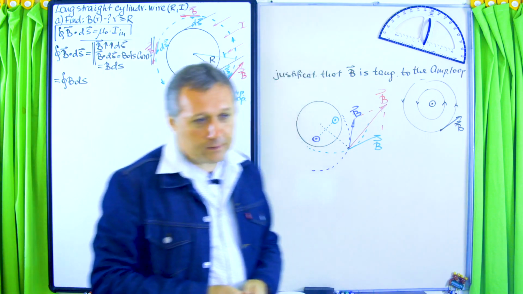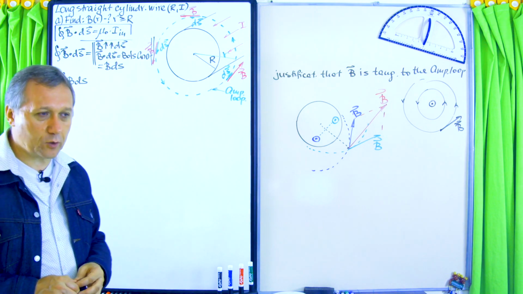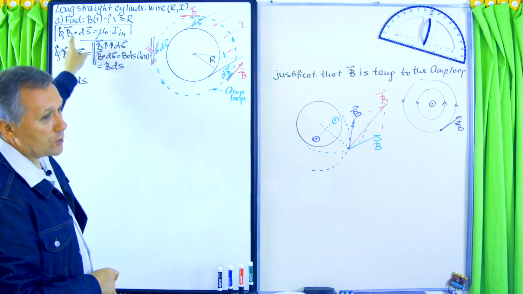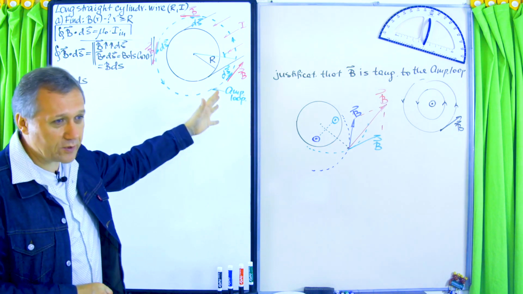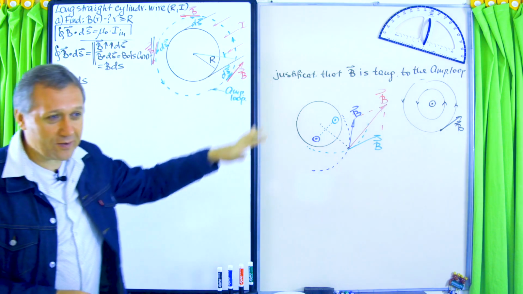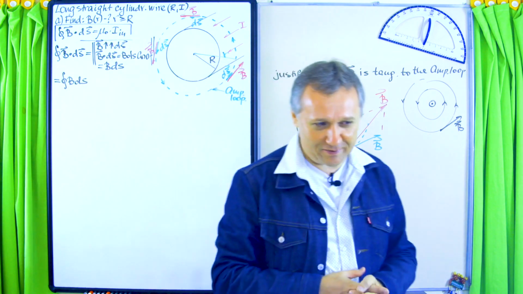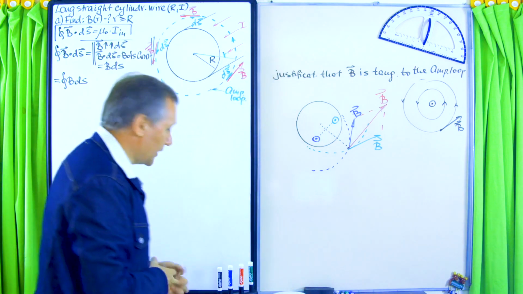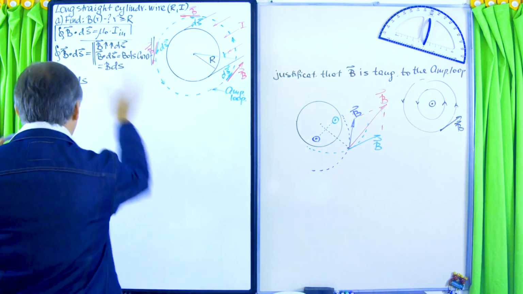So don't do that, because the chances that you're going to lose the minus over here are very large. It's better to make the current positive, B and ds parallel, and solve this problem without those extra minuses. But in both cases, you will end up with exactly the same answer. So now back to this.